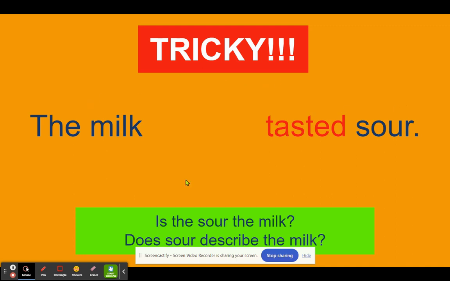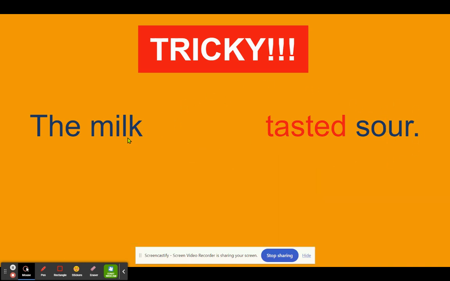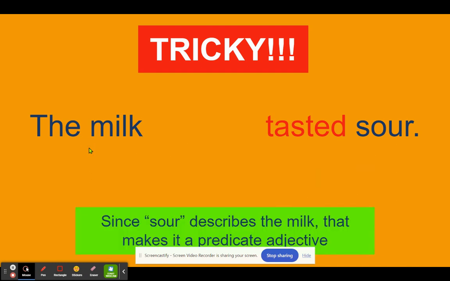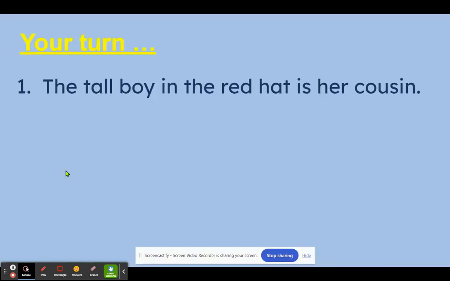And that is no. Does the sour describe the milk? And that is yes. So that it describes this. That is a subject complement. And in that case, then tasted is a linking verb. That also makes it a predicate adjective. It's the adjective in the predicate.